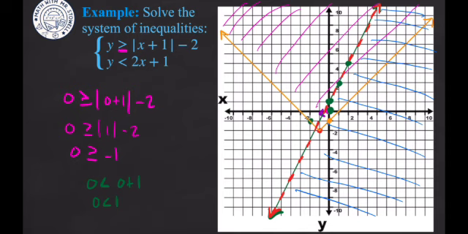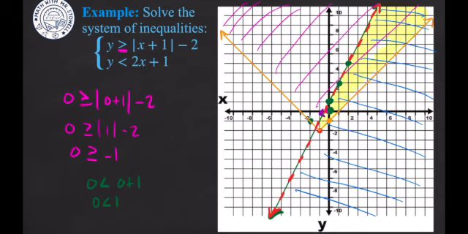Okay, I know that this is getting to be a mess. Let's actually figure out what the actual answer is. For it to be an answer to a system of inequalities, it has to be shaded in both of the regions. So I'm going to actually highlight the answer. The answer to this is going to be this piece that has both the shaded of the blue and the shaded of the pink.